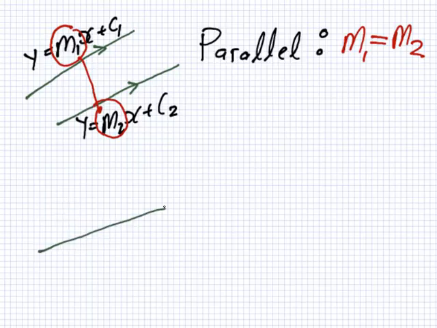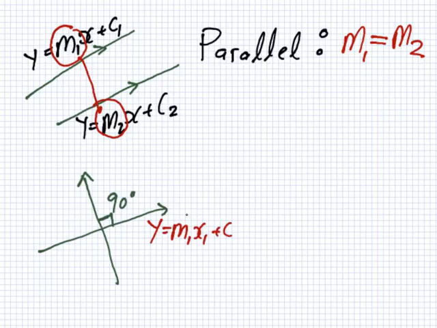Now, this one here, and this is 90 degrees, and this one is y equals m1x plus c1, and this one here is y equals m2x plus c2, and does anyone know what these lines are called?